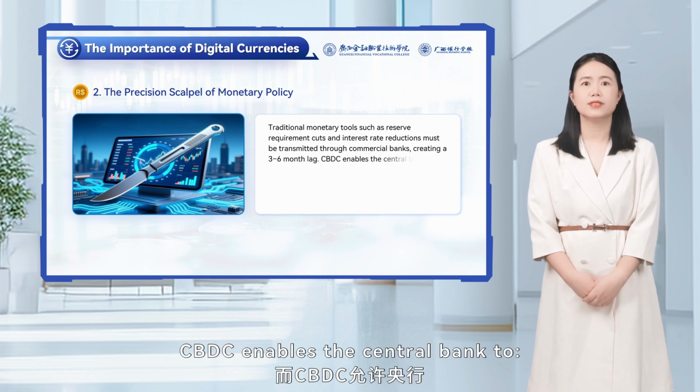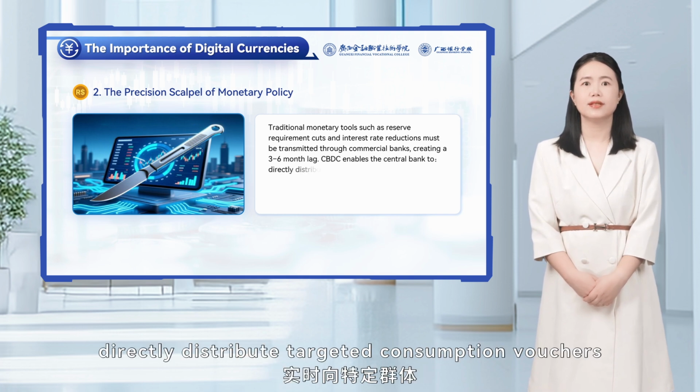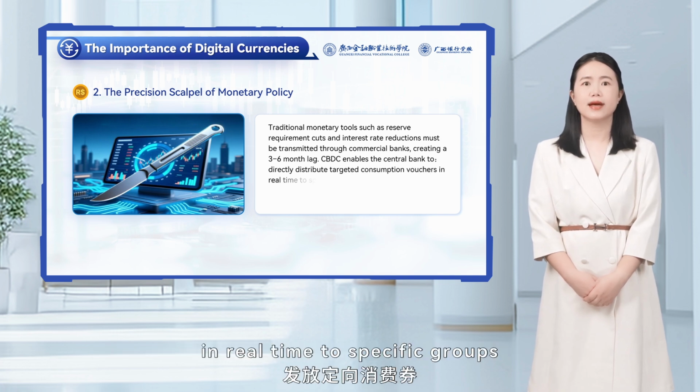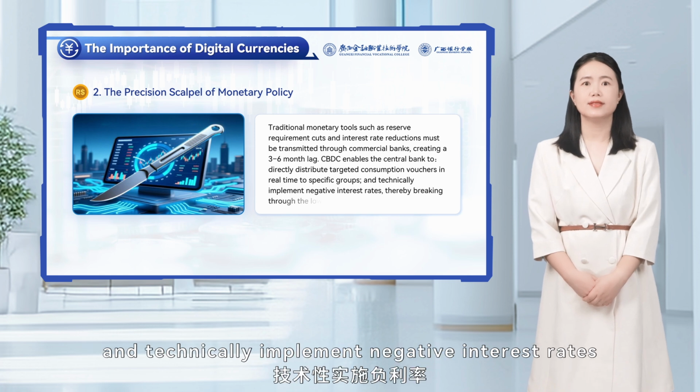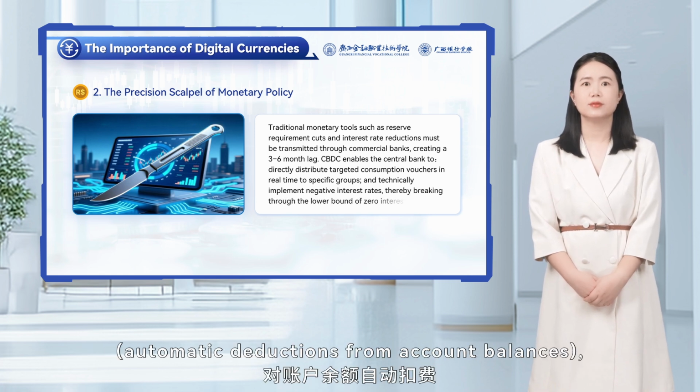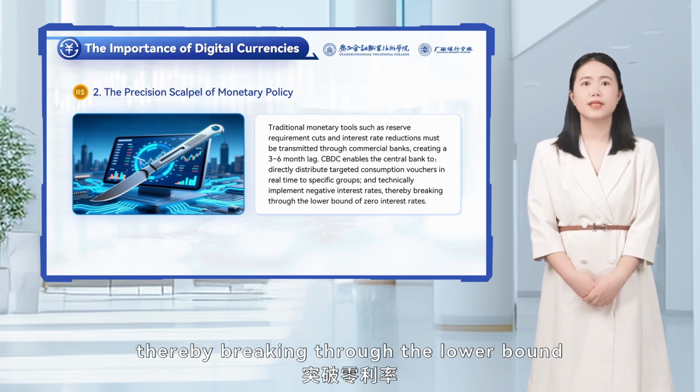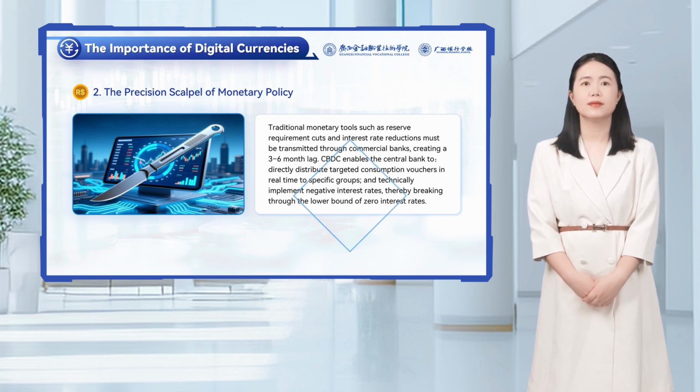CBDC enables the central bank to directly distribute targeted consumption vouchers in real time to specific groups, such as unemployed individuals during the pandemic, and technically implement negative interest rates, automatic deductions from account balances, thereby breaking through the lower bound of zero interest rates.